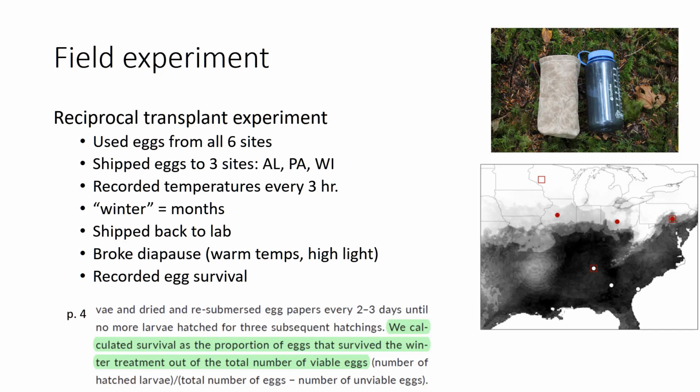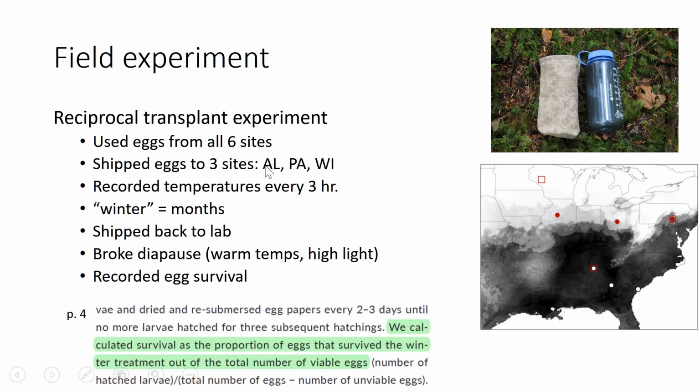This is the one that was the reciprocal transplant experiment, and again they sort of indicated the Georgia population incorrectly, but that's okay. They used, again, eggs from all 6 source sites, so all of the 6 source populations, and they grew them across 3 generations, and in the 4th generation they shipped those eggs to, I have Alabama here, but that's incorrect.